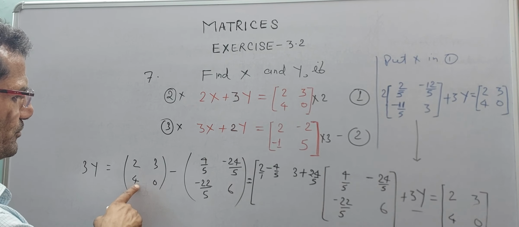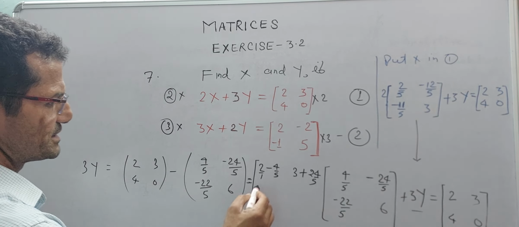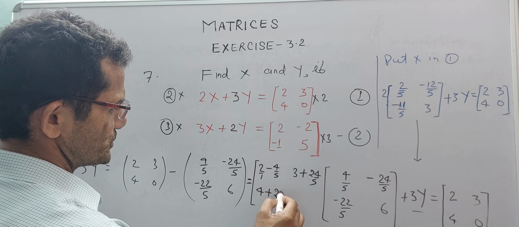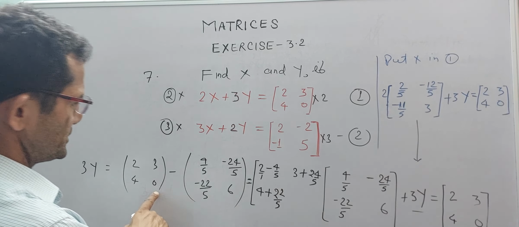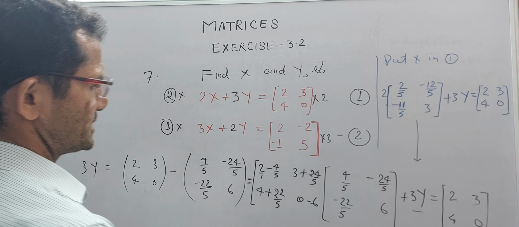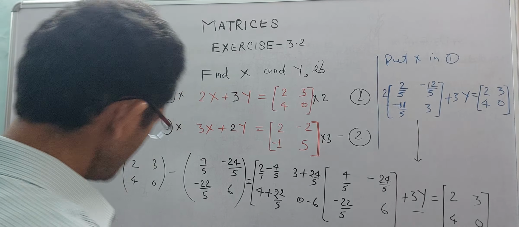Now 4 minus minus 22 by 5 becomes 4 plus 22 by 5, and 0 minus 6. So this is our value of 3y.